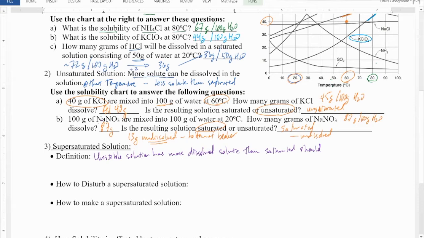And that puts us up above the line, up above the curve. But we don't just get there by trying to dissolve more solute than we can. Oh, by the way, again, at that temperature.